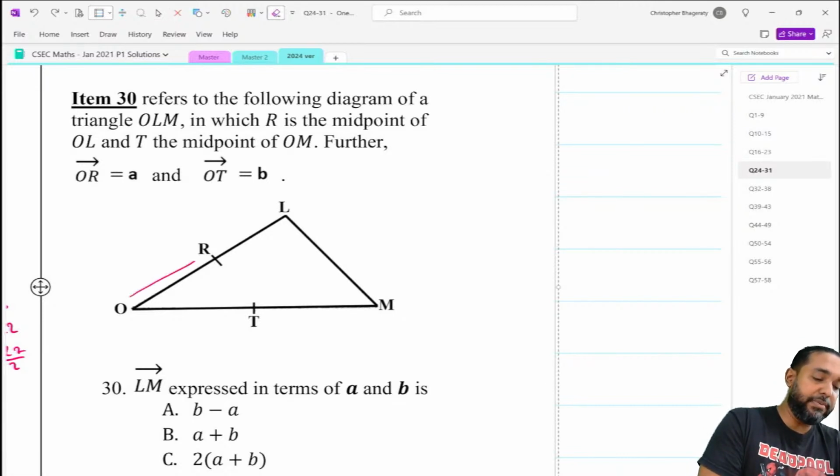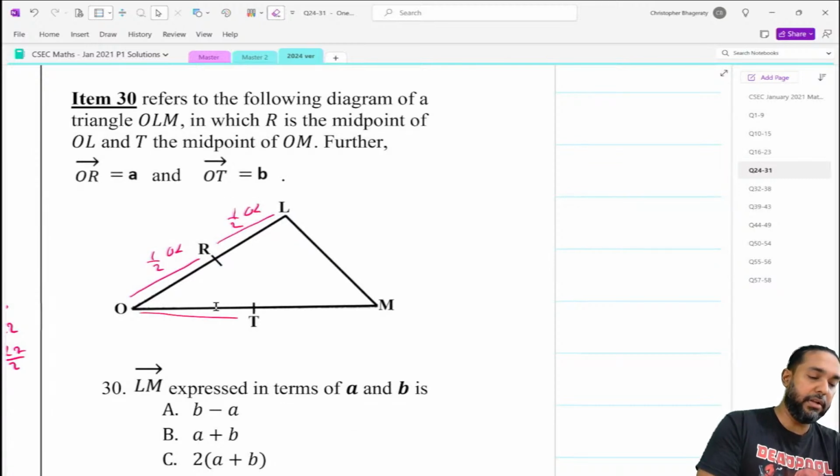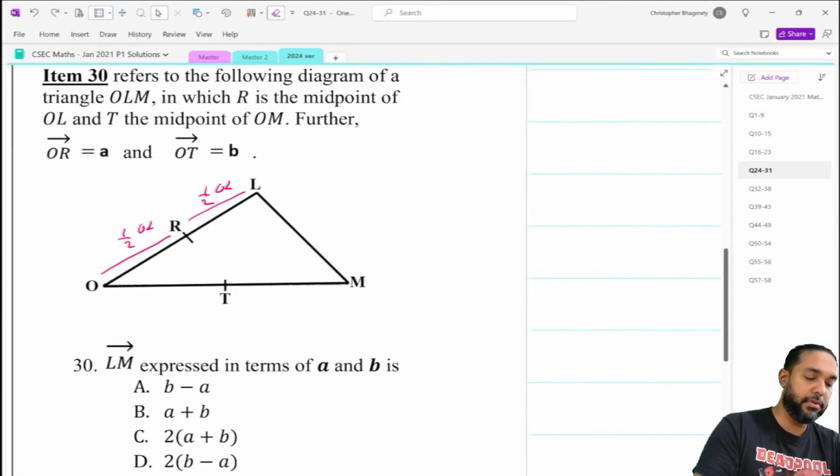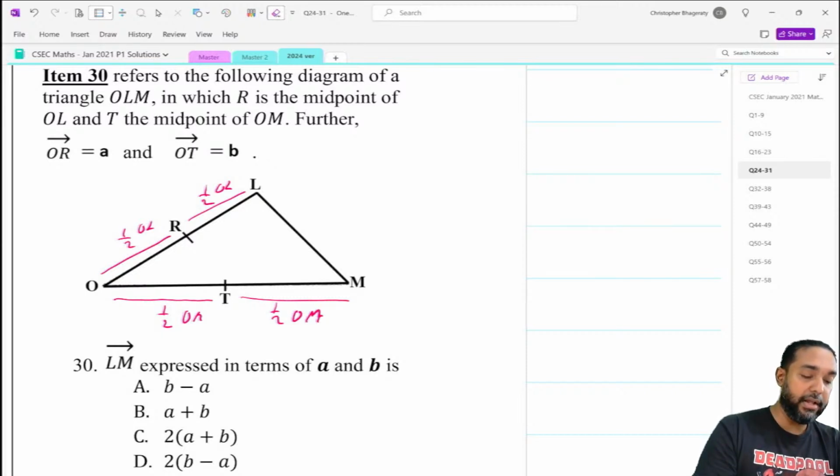So that means that OR and RL are each half of OL, and OT and TM are each half of OM, because the midpoint cuts a line into equal halves. Now OR is A, so going this way is vector A, and then OT is B.